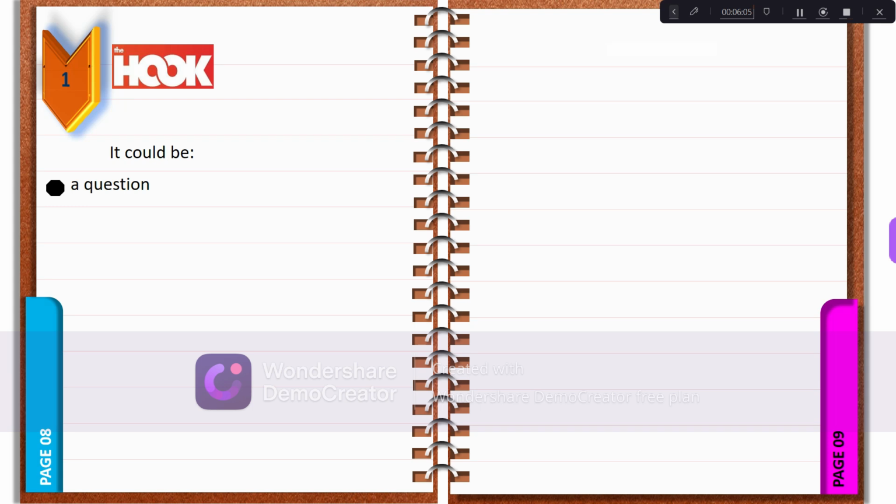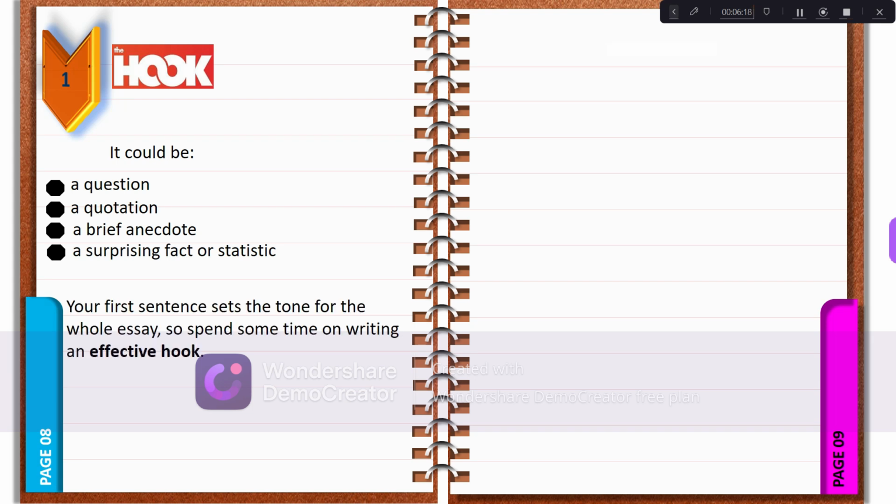Just be broad, simple and general. A quotation, a brief anecdote, a surprising fact or statistic. And like we said before, your first sentence sets the tone for the whole essay, so spend time writing an effective hook.